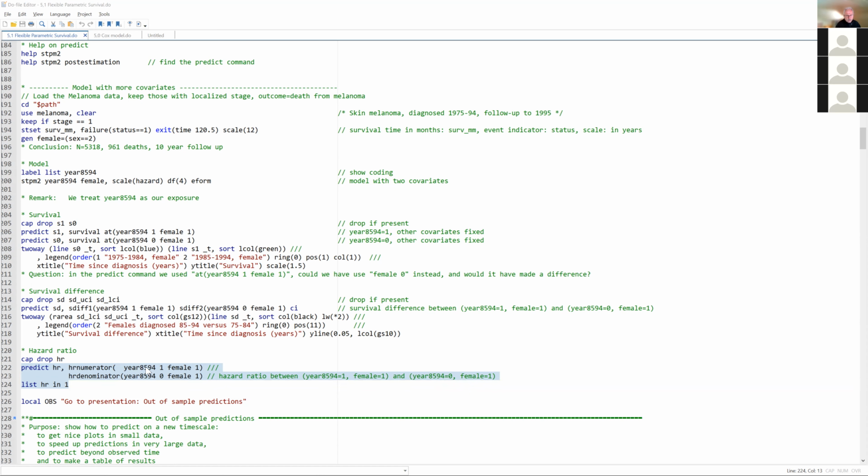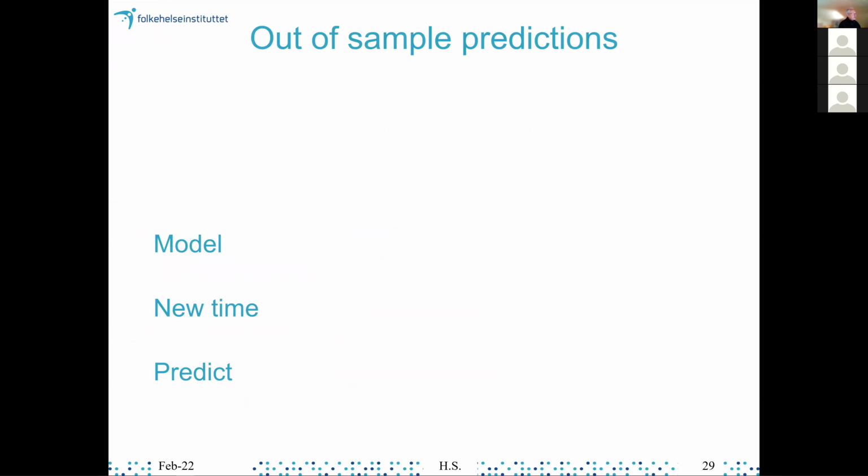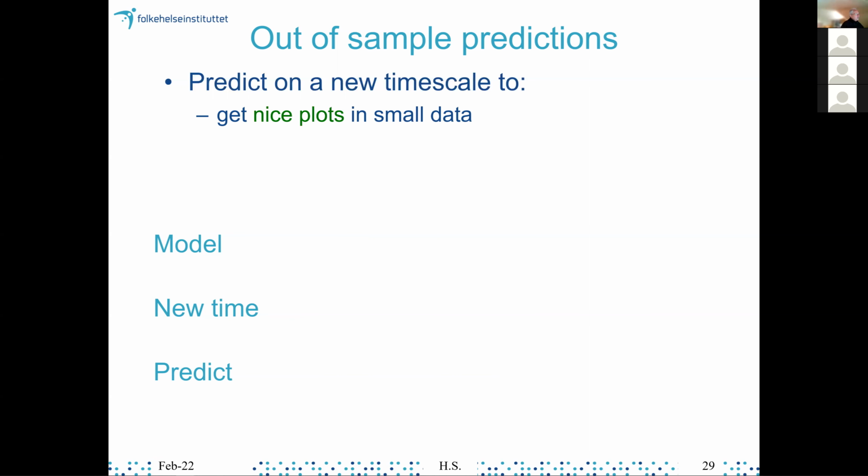Then where are we? Out-of-sample predictions, yes. When would we like to do predictions that are different from the time scale that's in our data? Well, if we have a very small data set, we might want to do that to get nicer plots, because maybe some times are missing in the data and we would like to have a nice continuous plot.